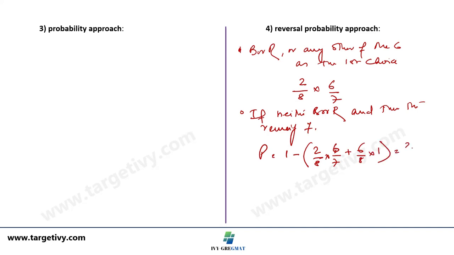This is equal to 2 by 56, which is 1 by 28. So again, we are getting to this number in multiple approaches, whichever suits you or whichever suits the question. So that should be the approach.